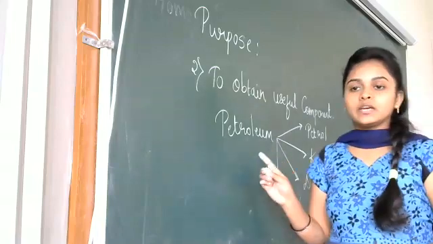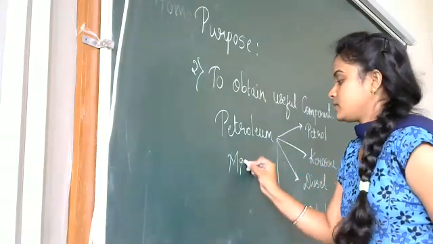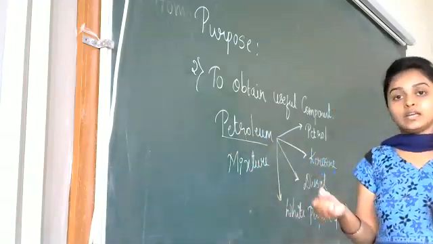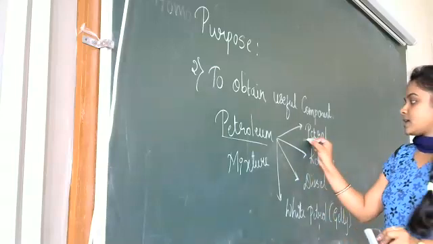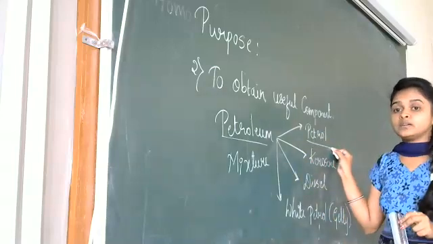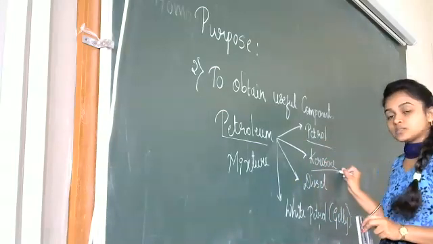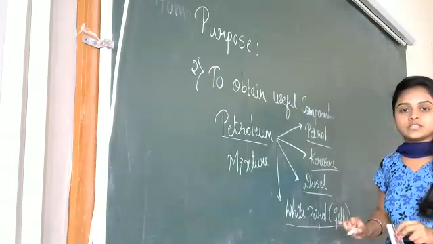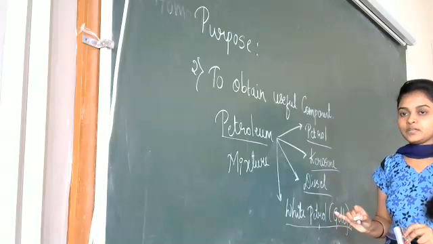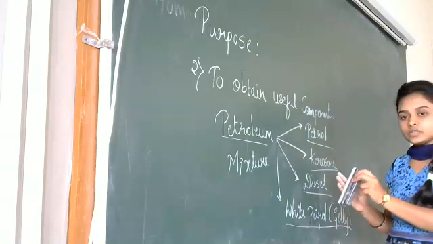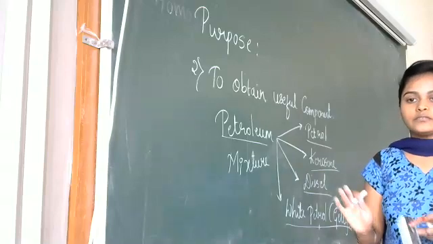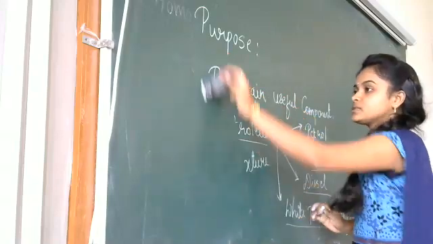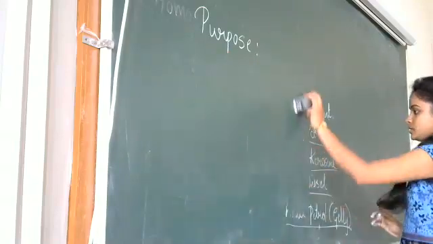So petroleum here is a mixture. From this petroleum mixture, we are taking useful components such as petrol, which is used to run vehicles, kerosene, diesel, and white petroleum jelly, which is in the form of gel. In order to obtain these useful components, we separate them from the petroleum mixture. So this is the second purpose of separation of mixtures.